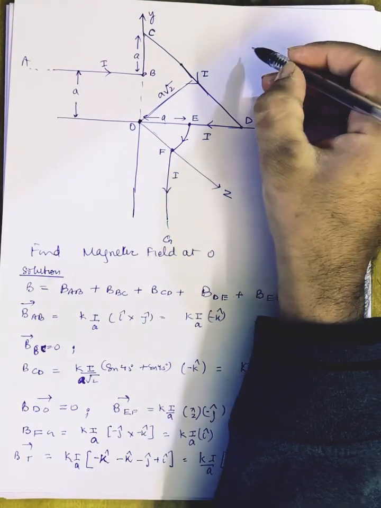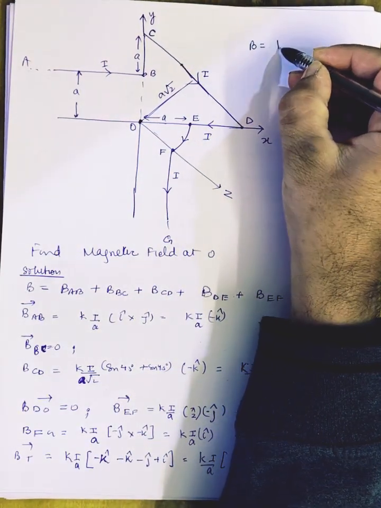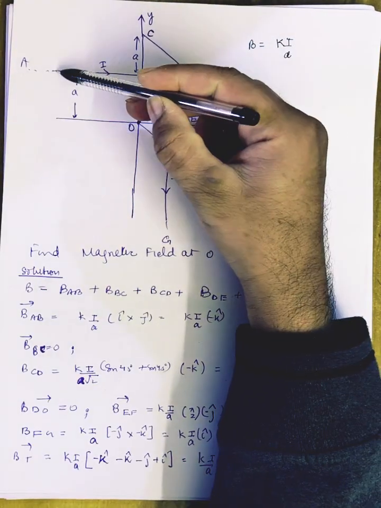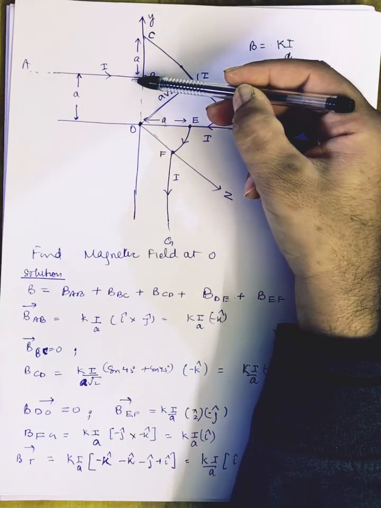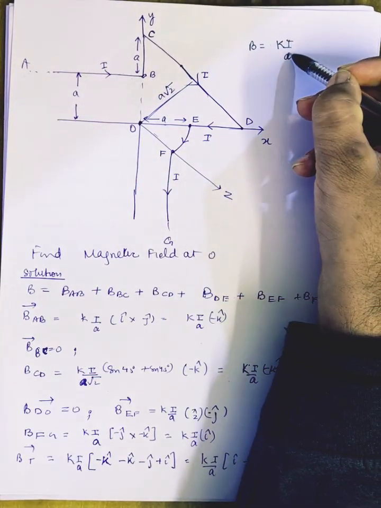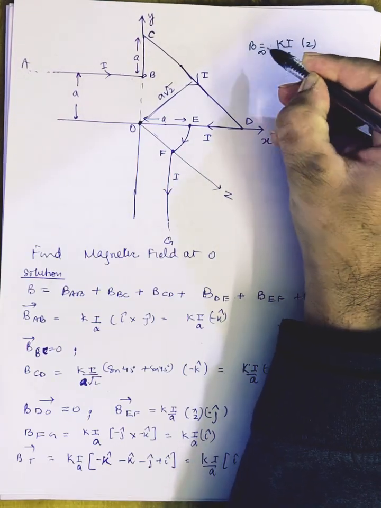Before we start, a few things I want to tell you. The magnetic field for an infinite wire is Ki by distance from the point, meaning the perpendicular distance of the wire from the point, which is taken as A, and then multiplied by 2. This is for an infinite wire.